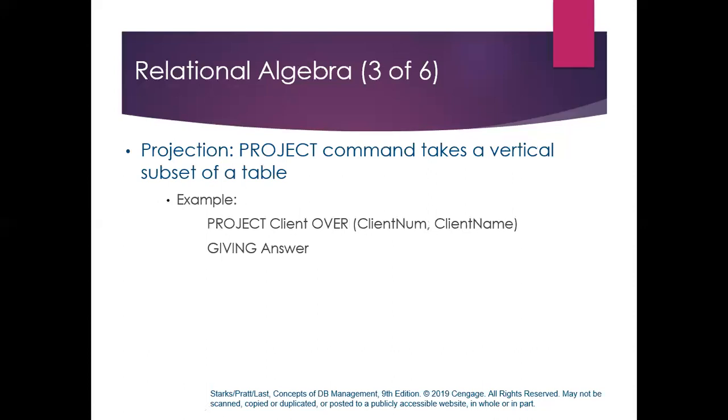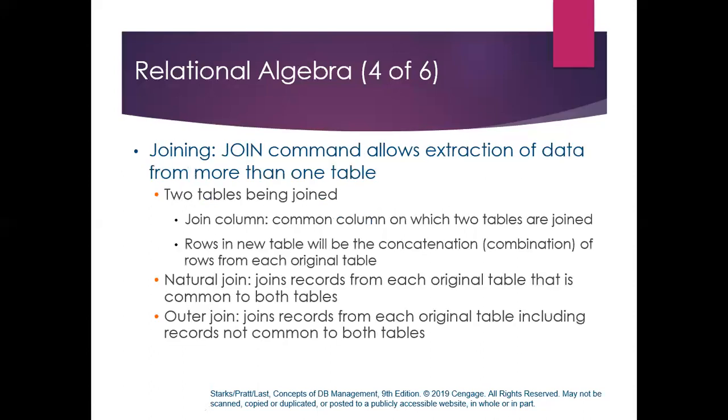The project command causes only certain columns to be included in the new table. It includes the word over, followed by a list of columns to be included. The join command allows extraction of data from more than one table.